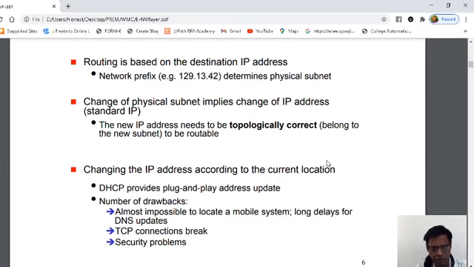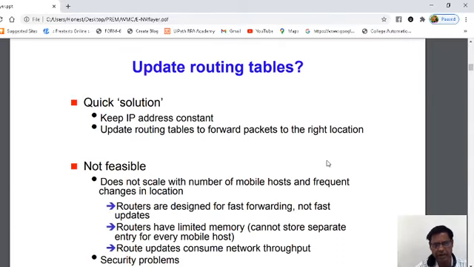It is almost impossible to locate a mobile system, because of long delays in DNS. TCP connections break, that is, the Transmission Control Protocol connection breaks. Security problems may also arise.